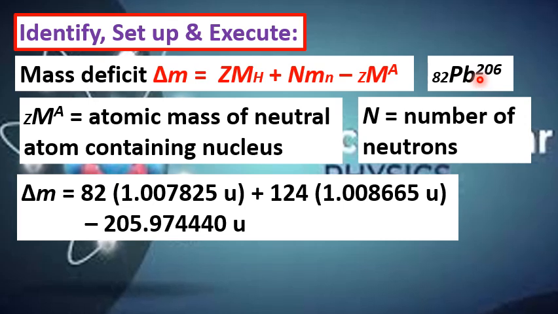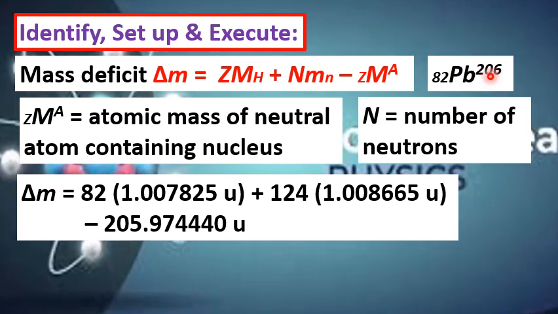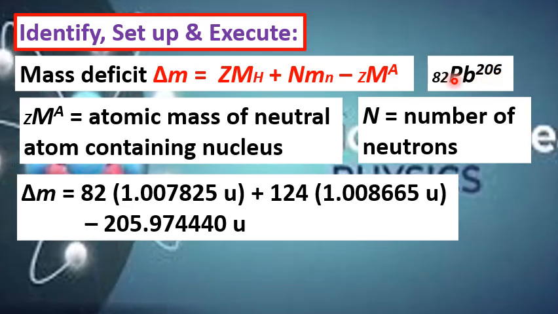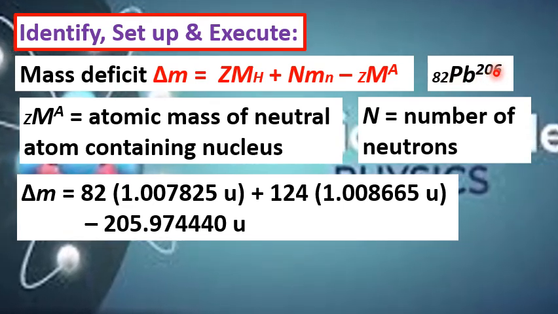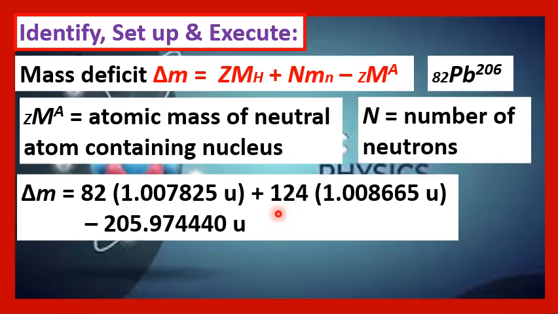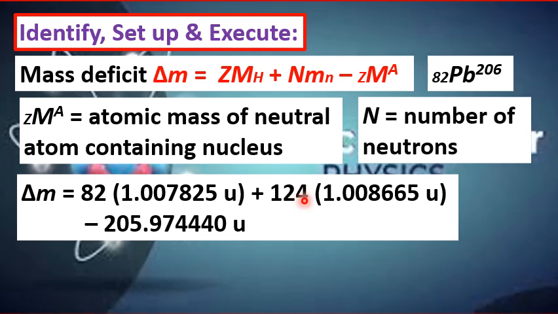Given this symbol, the mass number is 206 and 82 is the atomic number. So if we subtract 206 minus 82, we get 124, which represents the number of neutrons.